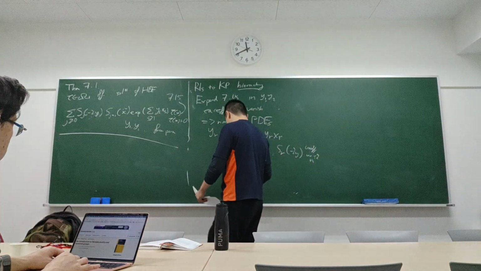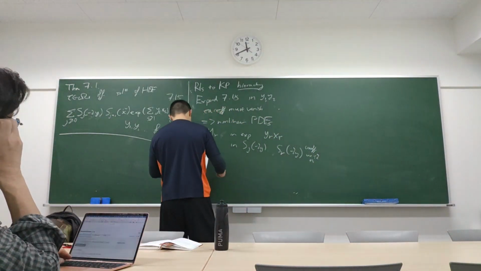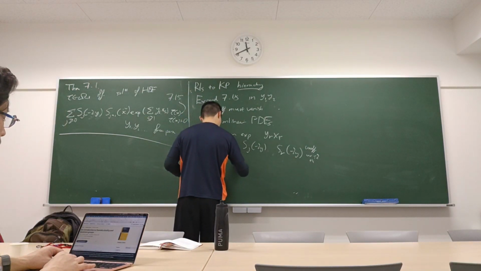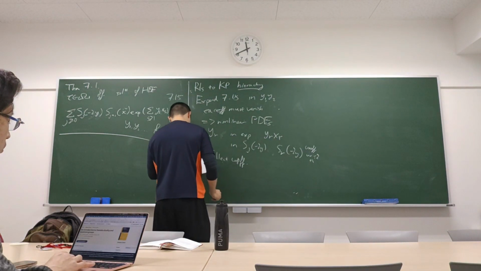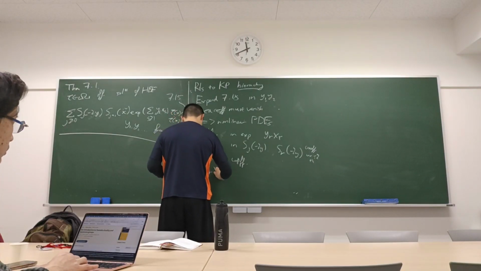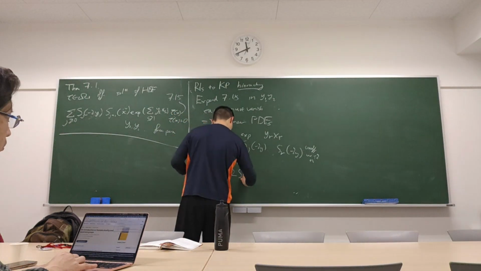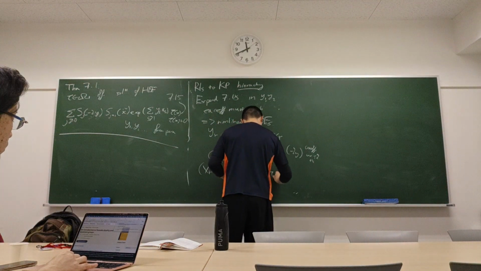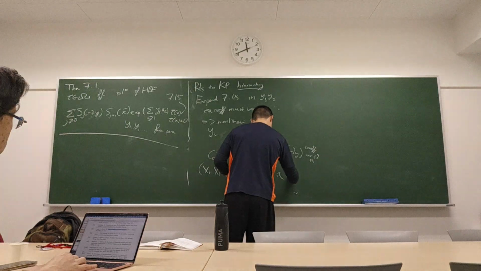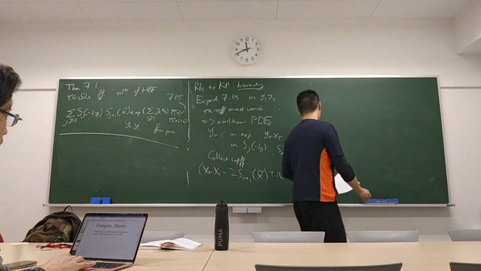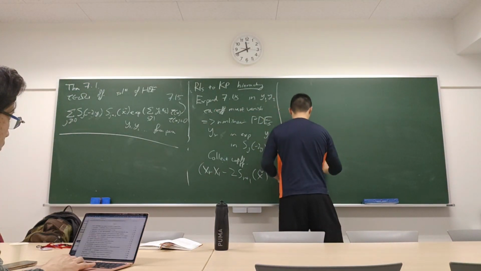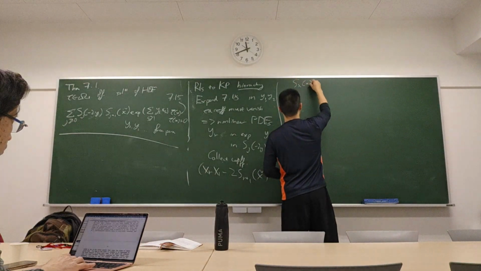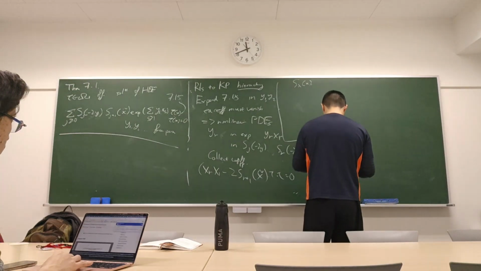Now then, if we start collecting coefficients, then we have xr, x1 minus 2, s r plus 1. And let's examine a few cases of r. We'll be using this S lambda X definition we've given last week.